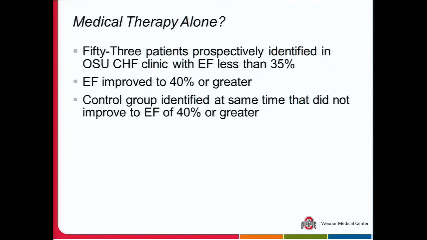In short, we looked at 53 patients that we prospectively identified with reduced ejection fraction, and wanted to look at people who improved to more than 40%, which is close to normal. And we identified a control group that had the same baseline ejection fractions but didn't improve.